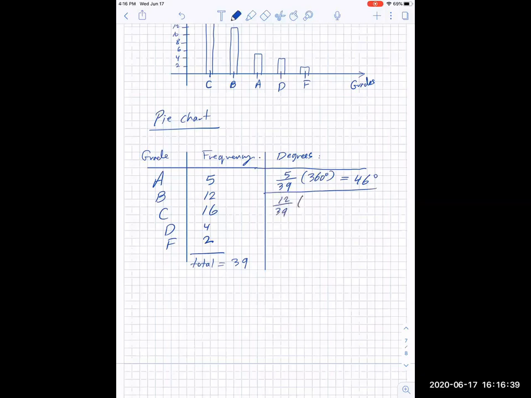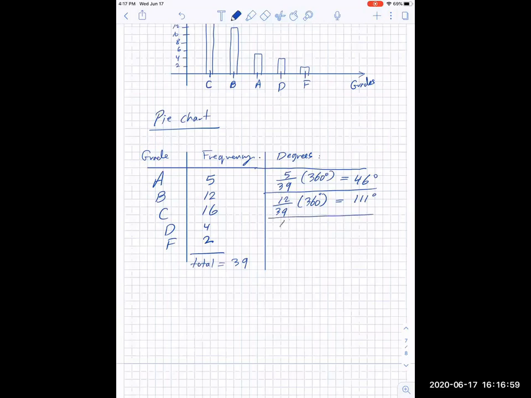12 over 39 times 360. 111 degrees. I'm rounding to the nearest whole degree.